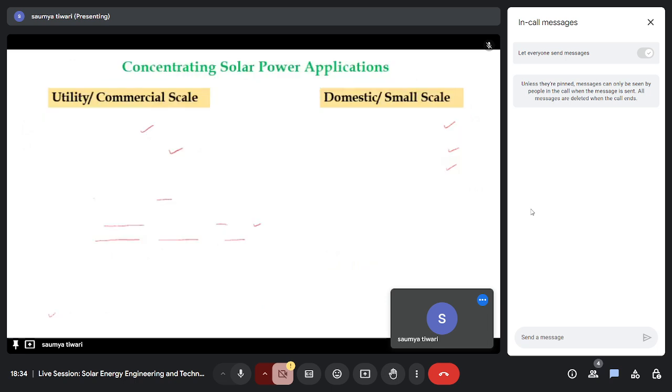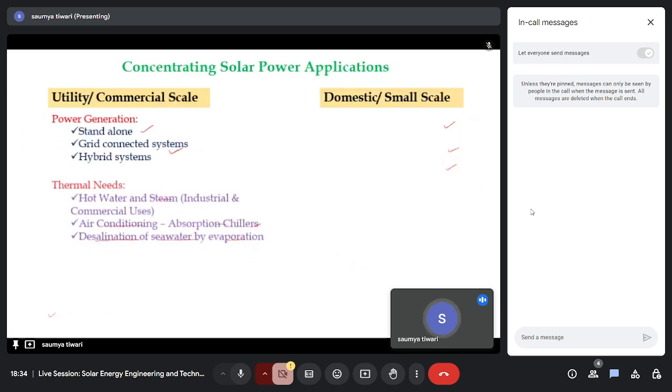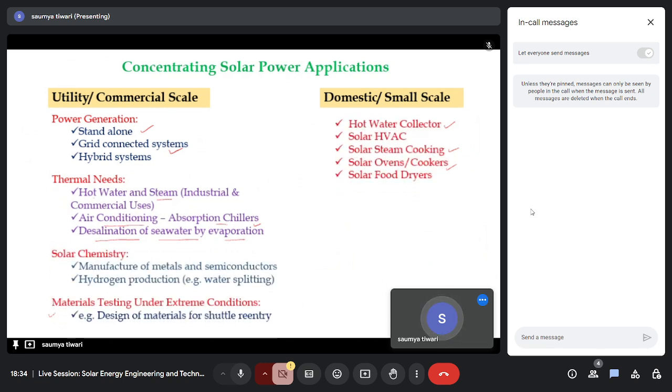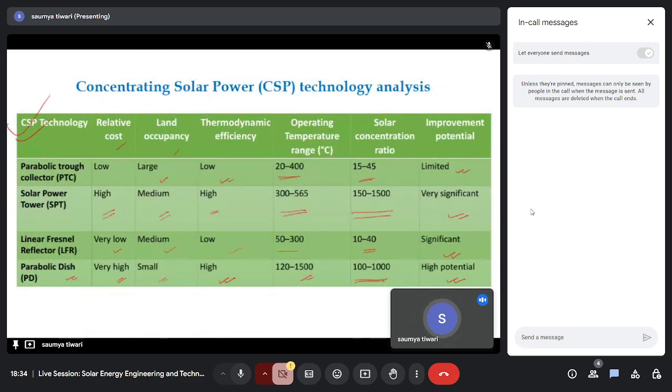We'll just skip the application part. This table is important. You need to remember the operating temperature and the concentration ratio. The parabolic trough collector has the lowest operating temperature, some 220 to 400 degrees Celsius, and a concentration ratio of 15 to 45.